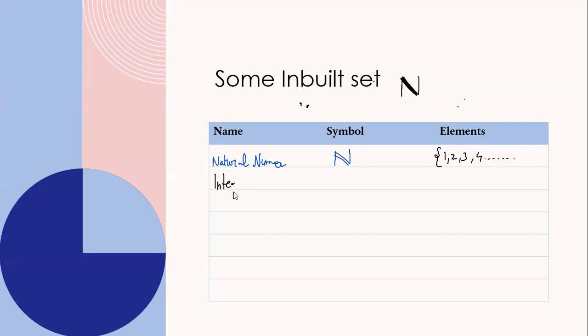Integers are represented by this Z sign, so you will make a Z like this. Integers can be negative, but natural numbers cannot be negative. So coming from the left side, -3, -2, -1, 0, and then 1, 2, 3.